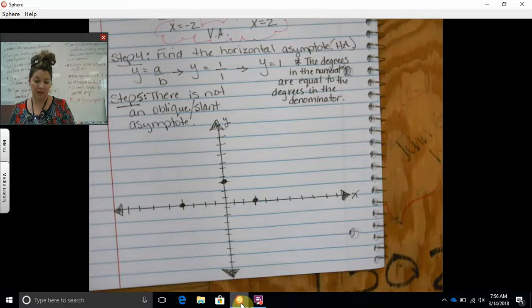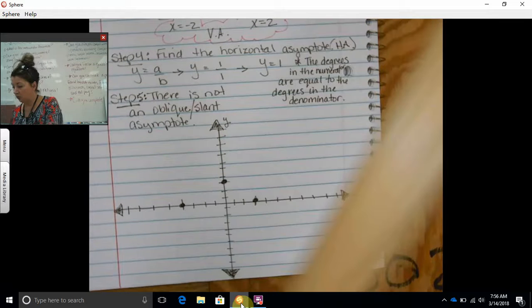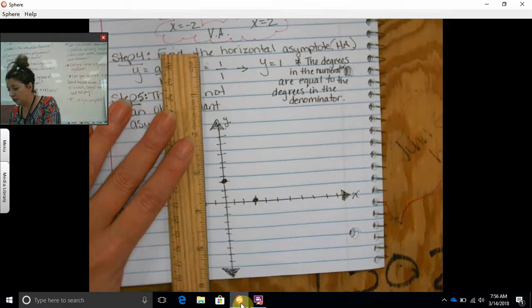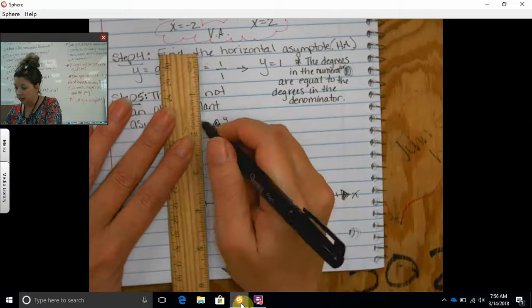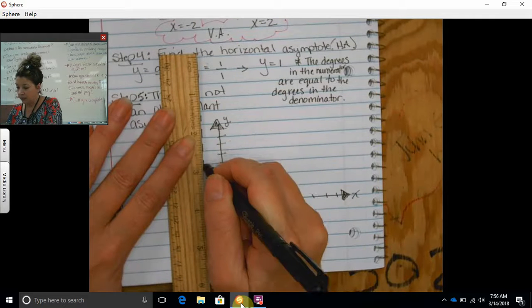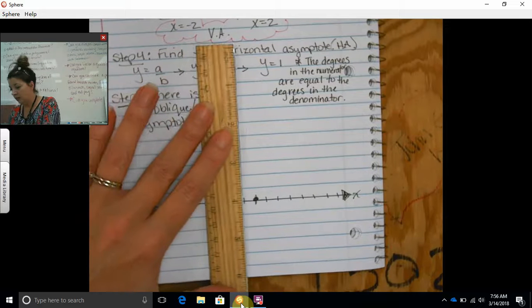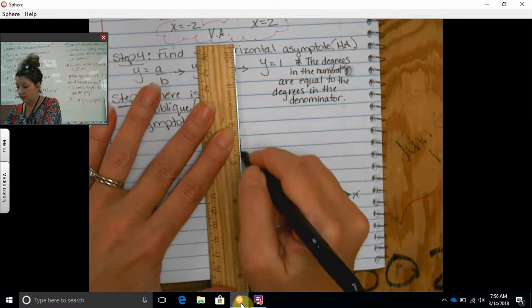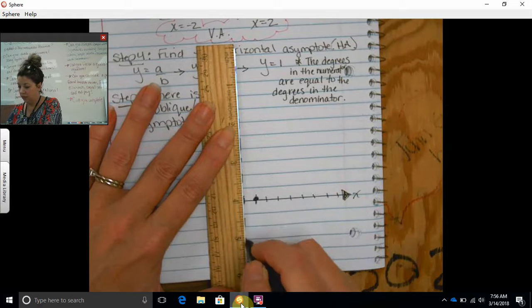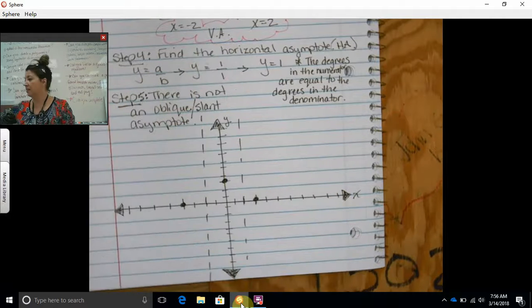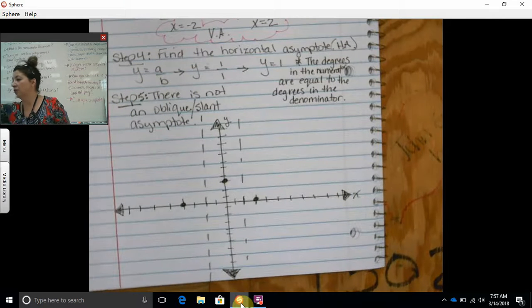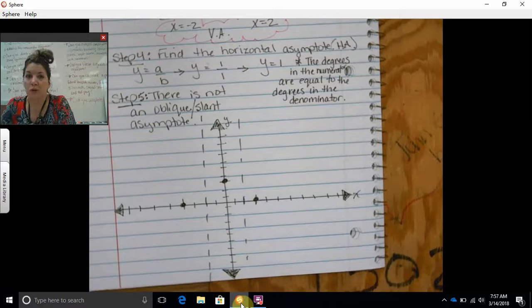On step 3, we found that we had vertical asymptotes at x equals -2 and x equals +2. So vertical asymptote, remember we're going to do a dash line, at x equals -2 and at x equals +2. An asymptote is a line that your graph will approach but will not intersect.